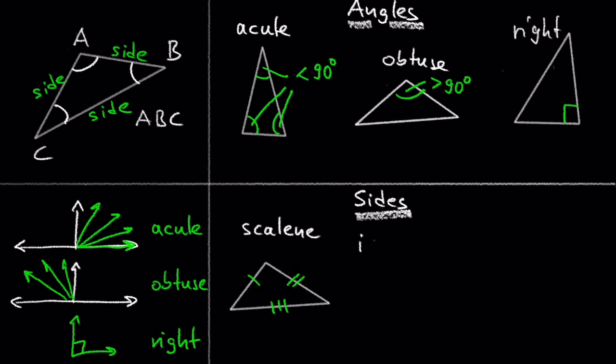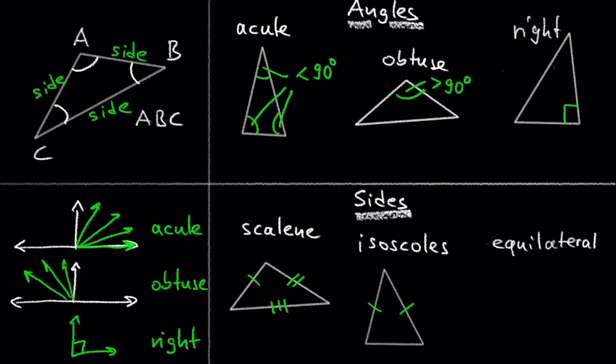Isosceles triangles are triangles where at least two sides are congruent. And equilateral triangles are triangles where all sides are congruent.